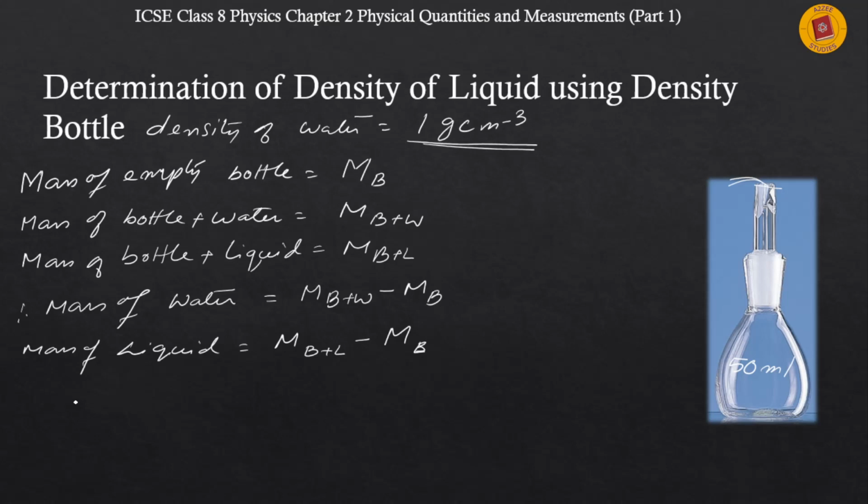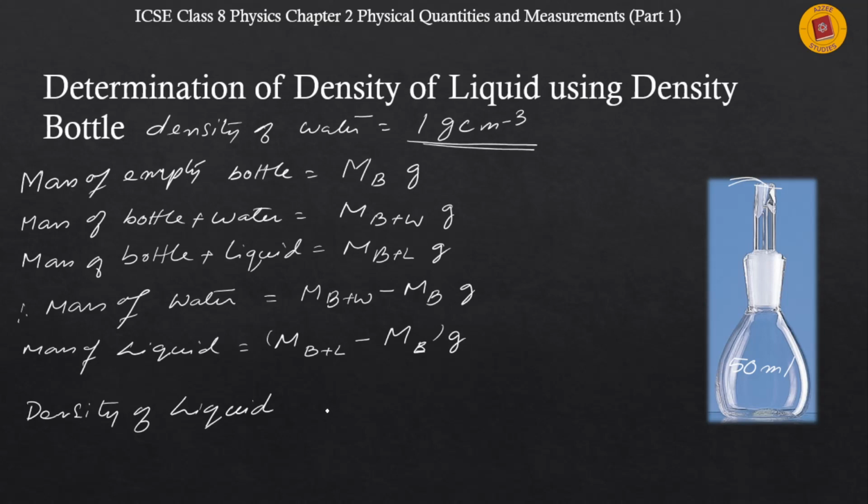Now we have the formula. What is the formula? Density of liquid. I forgot to mention, let all the units be in grams. Okay, all the units are in grams.